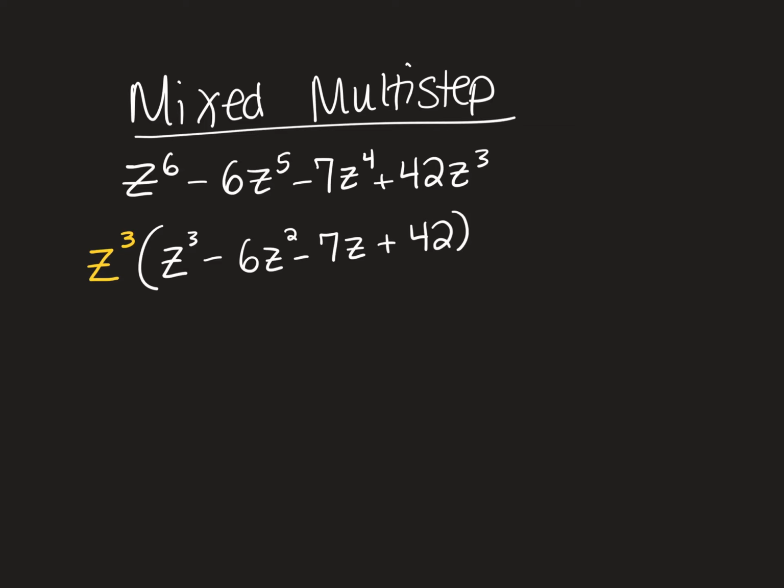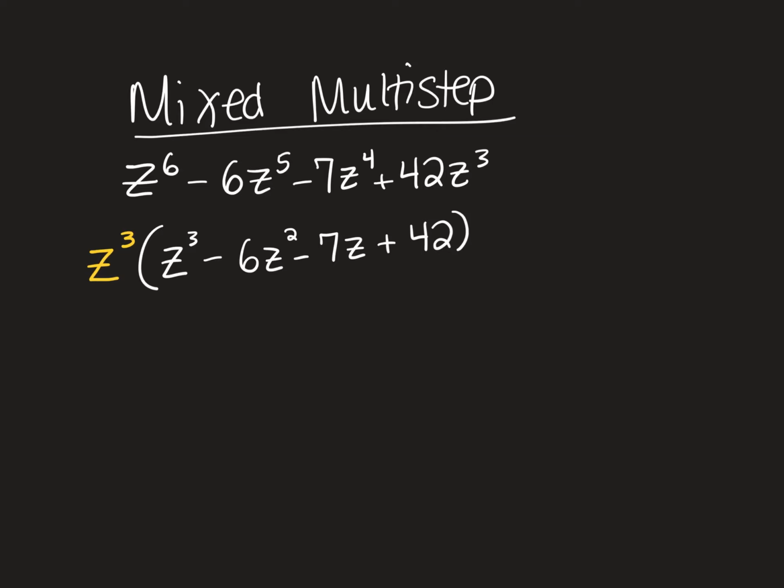So maybe you did that, and then you thought, well, now I don't know what to do. If you watched a video, they probably talked you through how to do this by grouping, and that's fine. I like that approach, but for some people that can get a little confusing. So let me show you how you can connect what you've done in the past with the box method to actually do this factoring. I know I told you in the previous video not to use the box.